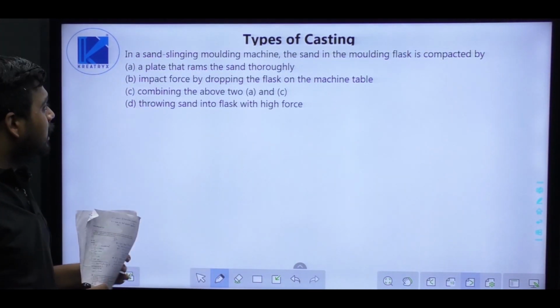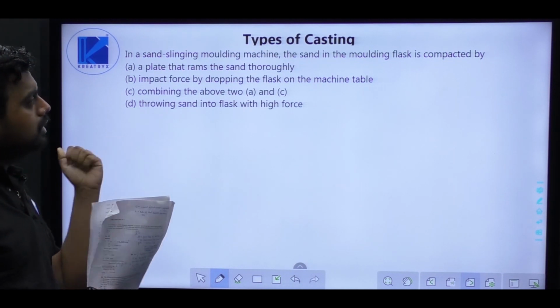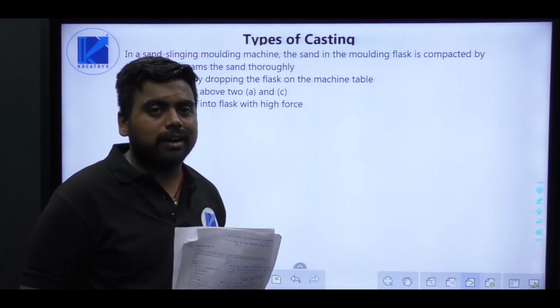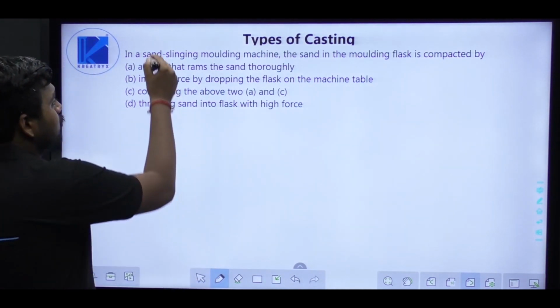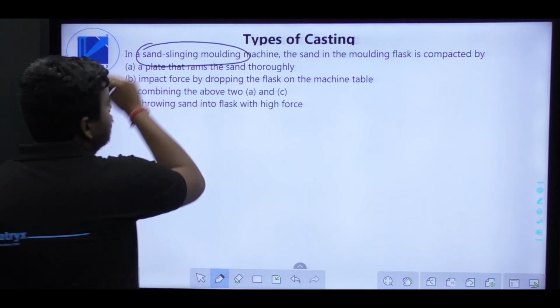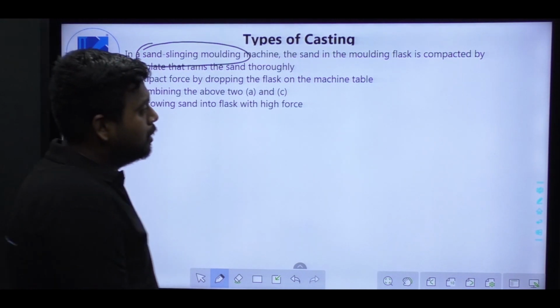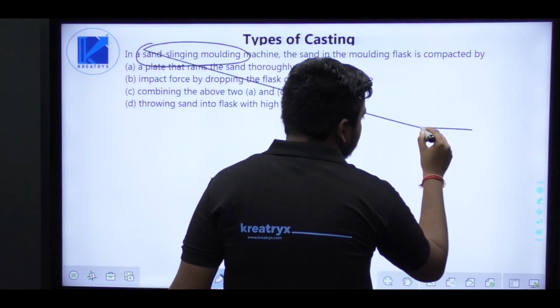And what they are saying, in a sand slinging molding machine, the sand in the molding flask is compacted by. Basically, I will first explain what a sand slinging molding machine is.